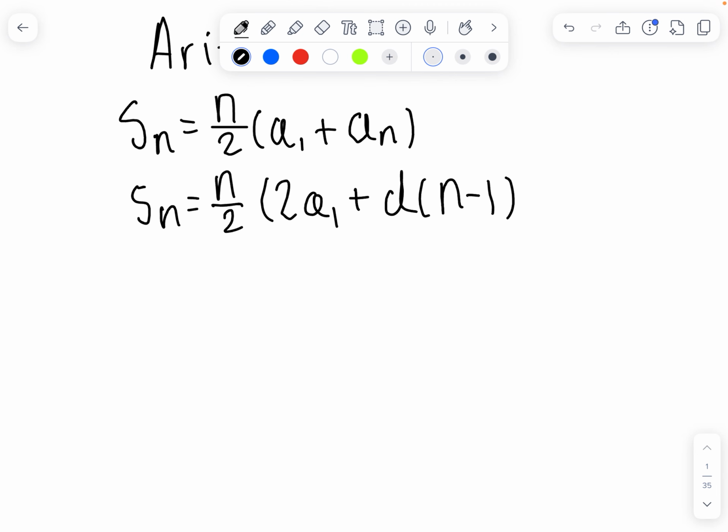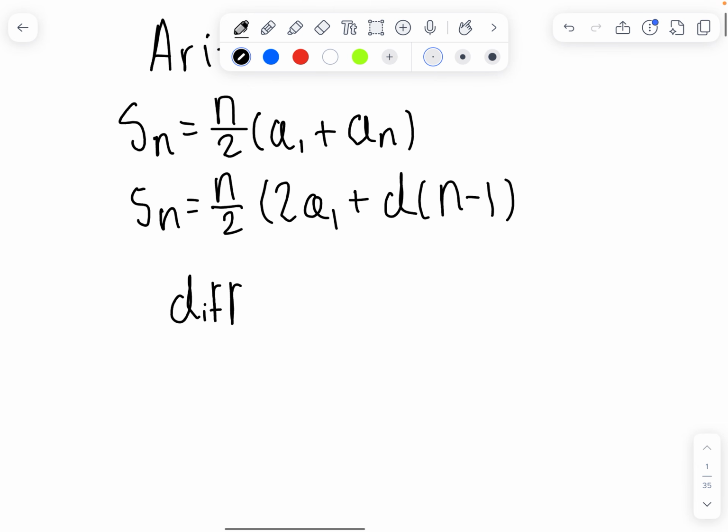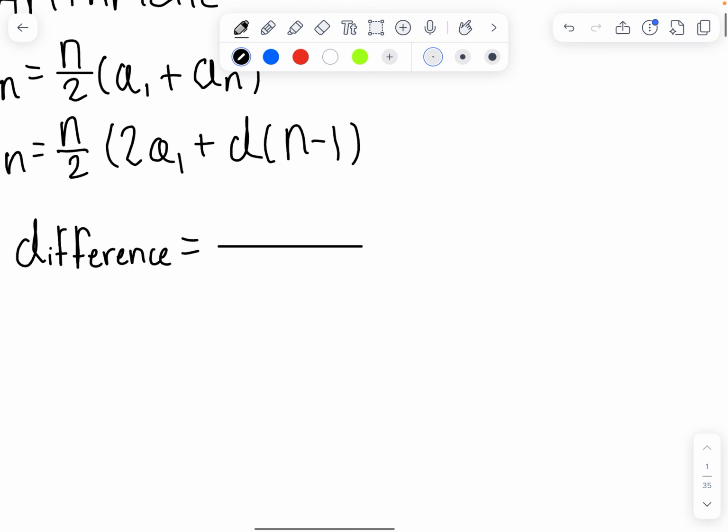And to find the common difference, d, that's equal to the last term, which I'm going to denote by L, minus the first term, over the number of units, or digits.